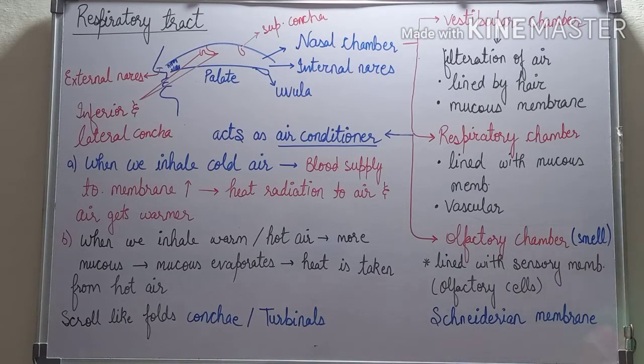New models of air conditioners have been coming up, in which if the air in your room is hot, it will make the room cool, and if the room is cool, it will make it hot. That is, you can use it both as a heater as well as an air conditioner. So these 2-in-1 air conditioners are now coming up. This respiratory chamber acts like a 2-in-1 air conditioner.